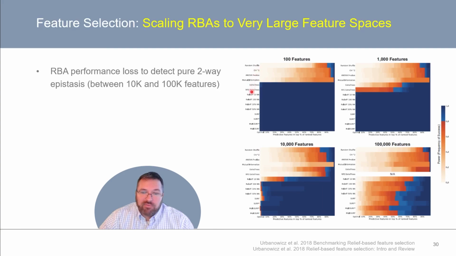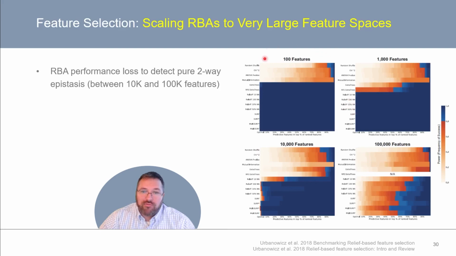The 5 algorithms below it represent a sampling of other commonly used filter and wrapper feature selection algorithms. And the bottom 8 rows are different RBA variations implemented in the aforementioned ReBATE package. Here, a solid dark blue horizontal line for an algorithm indicates that it perfectly prioritized the relevant interacting features above all other features in each of 30 replicate trials conducted.